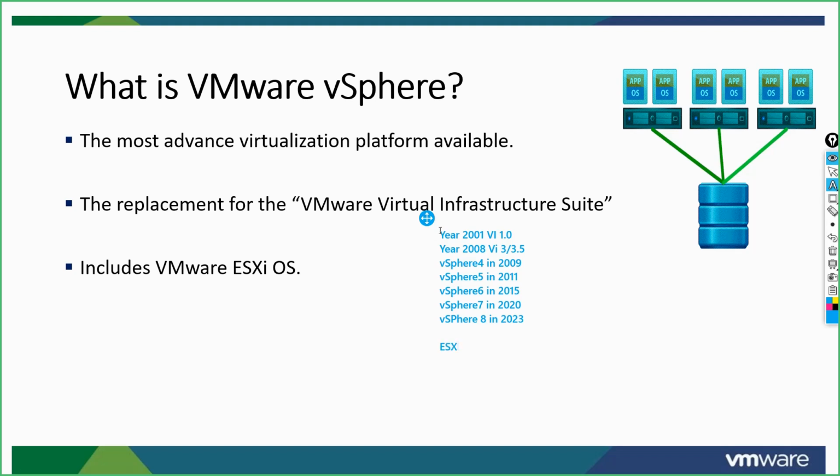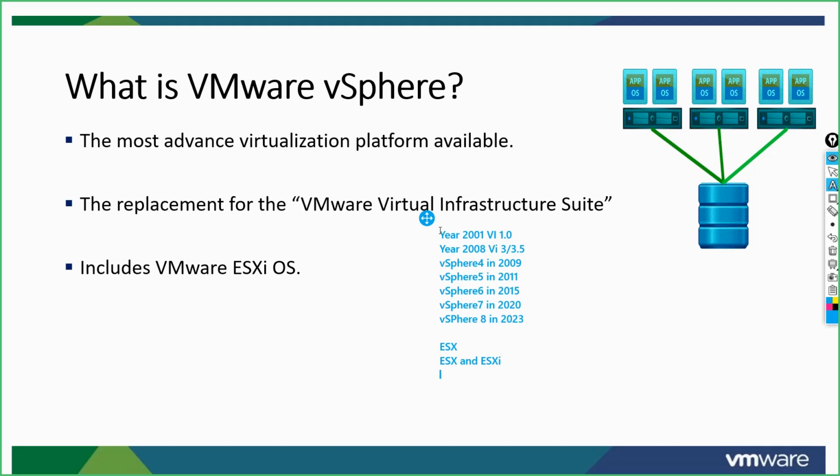It was called ESX up to version 3. But thereafter, when we were buying VMware vSphere, we used to get ESX as well as ESXi. We were getting both these options.